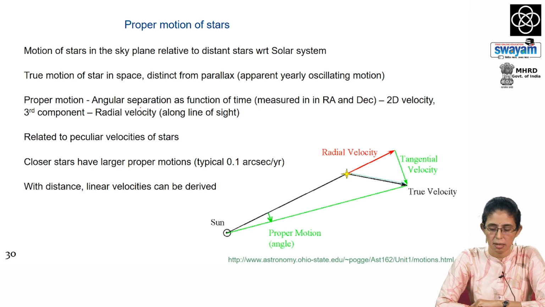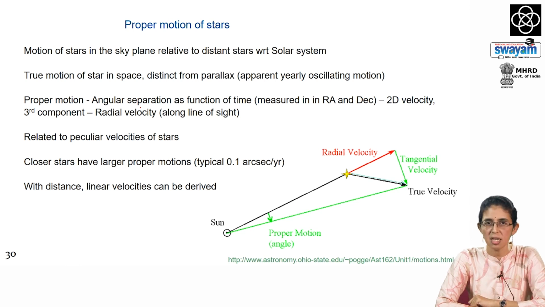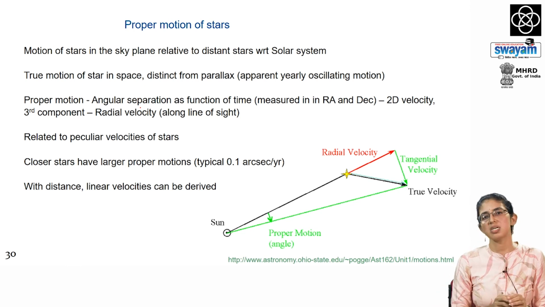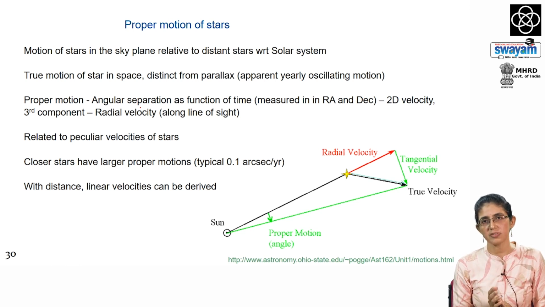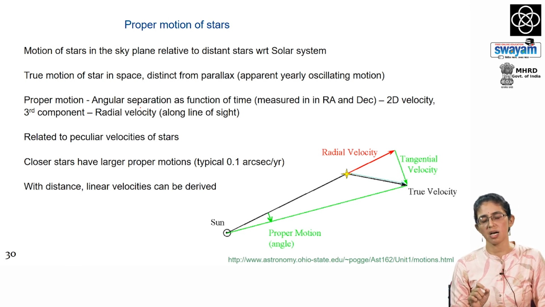If a star, as shown in the figure, is moving in space with a certain velocity, which can be denoted by a 3D vector, then this 3D vector can be translated into one vector along the line of sight and another, tangential vector, in the plane of the sky. The vector along the line of sight is known as the radial velocity, and the tangential vector in the plane of the sky is known as the proper motion, and this proper motion is seen as the motion of the star in the sky.